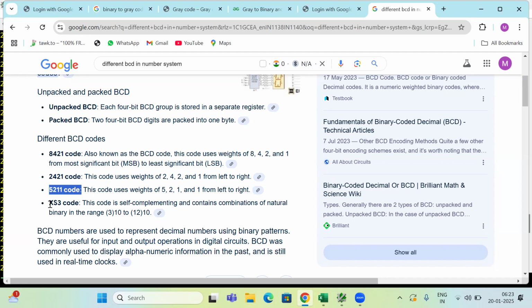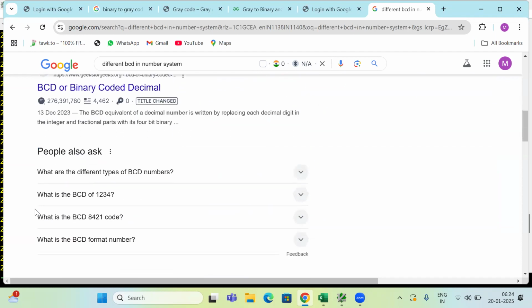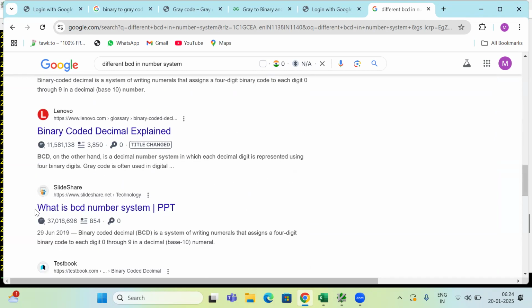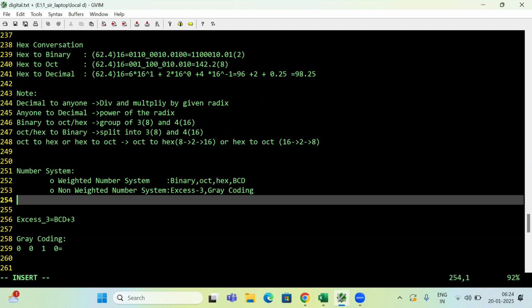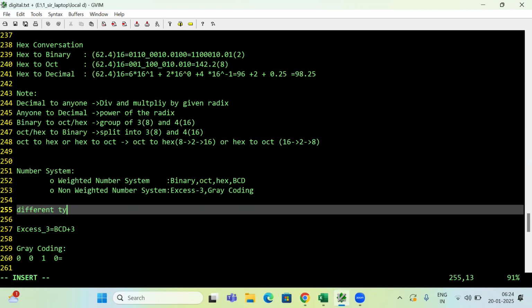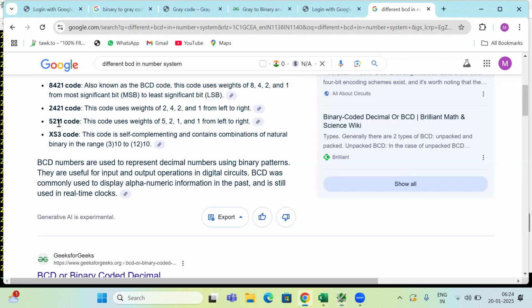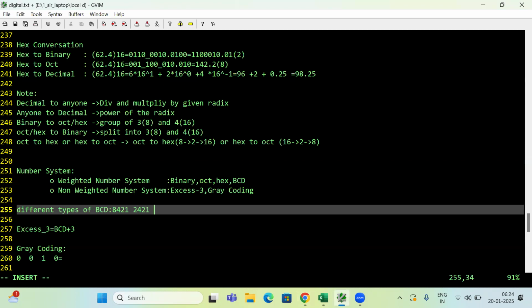Excess-3 also. You just write the names: different types of BCD, 8421, 5421, 2421, and 5211.